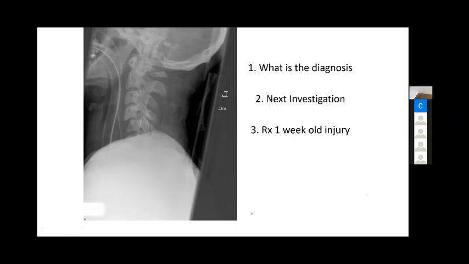You have to do it in three stages because you have to reduce the fracture as well. If you go from the front alone, you may not be able to reduce the facet if it is perched. Sometimes you can, but many times you end up doing front, back, and front.